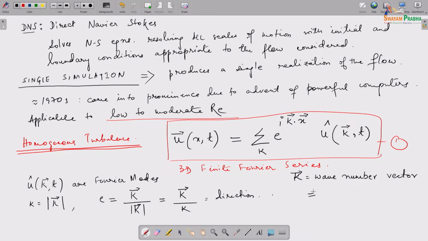This is equal to, I think I should write this also here. So that's what we are looking at. This is how we are going to represent a velocity.